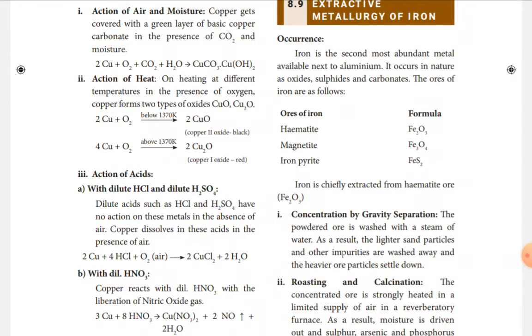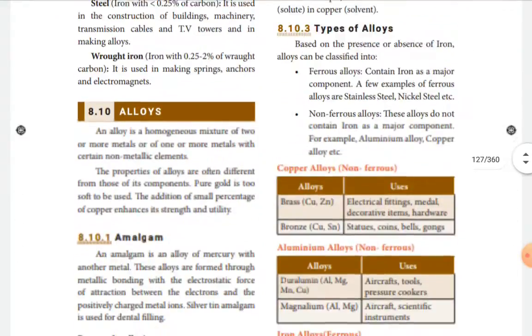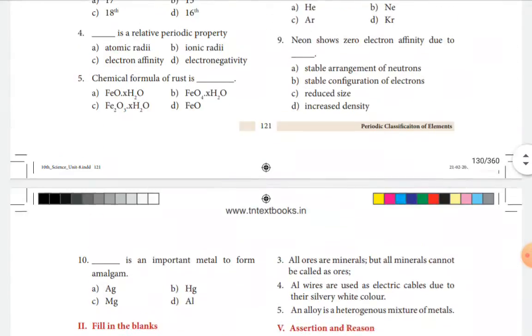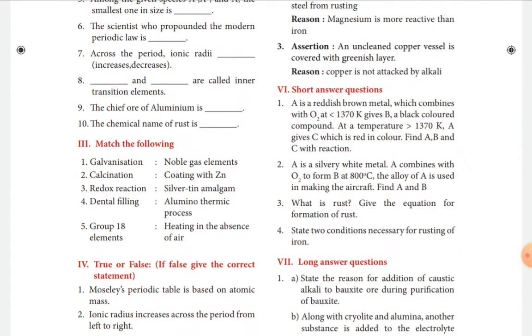Then next question, that is second question. A is a silvery white metal. Silvery white metal is nothing but aluminium. Silvery white metal is aluminium. A combined with oxygen to form B at 800 degrees Celsius.